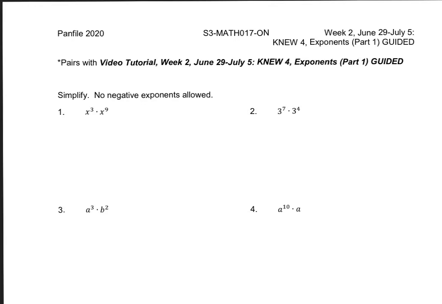So our rules for exponents: when we are multiplying exponents, such as we are here, our base needs to be the same. So what is our base? Our base is this right here.